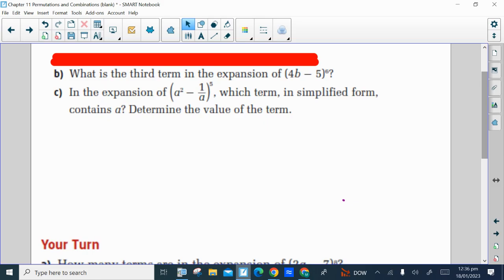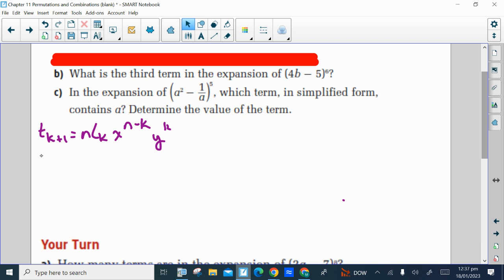So we can do this using the general term formula. And that is T sub k plus 1 equals nCk x, which refers to the first term of the binomial, raised to the power n minus k. y refers to the second term of the binomial, which is raised to the power k.